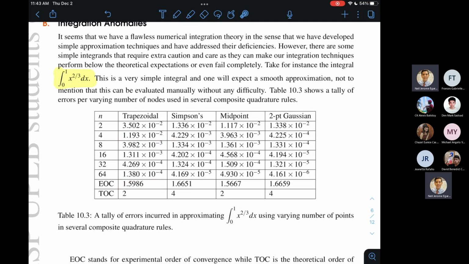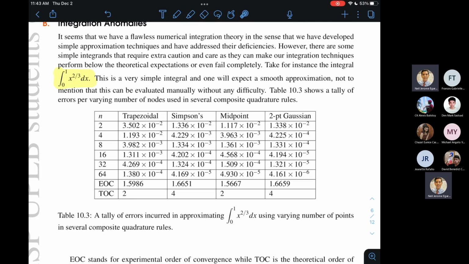So yun yung ibig sabihin ng experimental order of convergence. So, or if you forgot, go back to your AMAS 152 notes. Nandun yung order of convergence. Or if not, you can take a look at the work text. I have a discussion there of the order of convergence and how to get the experimental order of convergence.